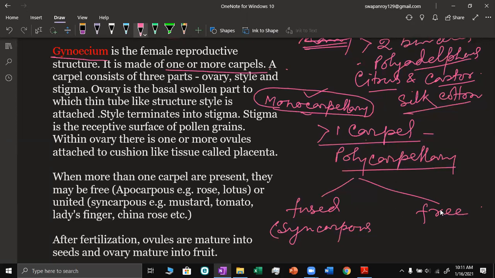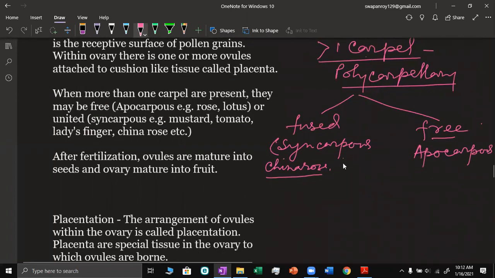And when the carpels are free, they are known as apocarpous. The syncarpous condition we find in China rose, lady's finger, brinjal, potato, tomato.